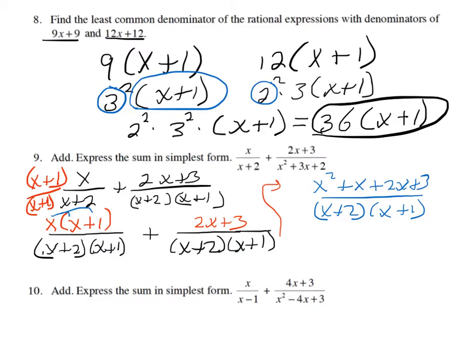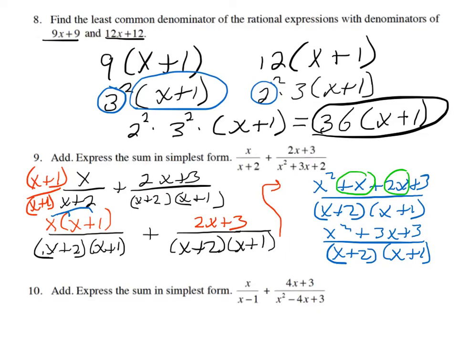Do I have like terms in here anywhere? Yes, we do. They're right here. So we're going to add these like terms together, and in adding those I get x squared plus 3x plus 3 over x plus 2 and x plus 1.